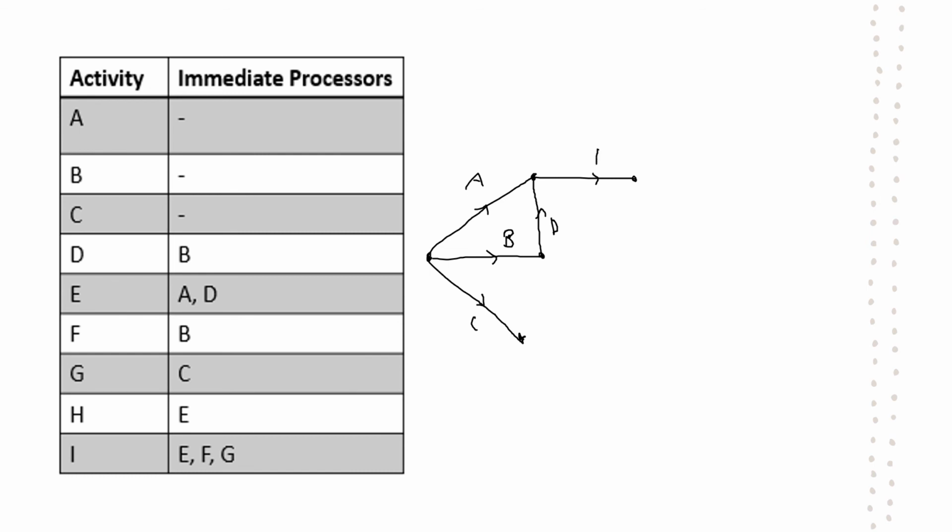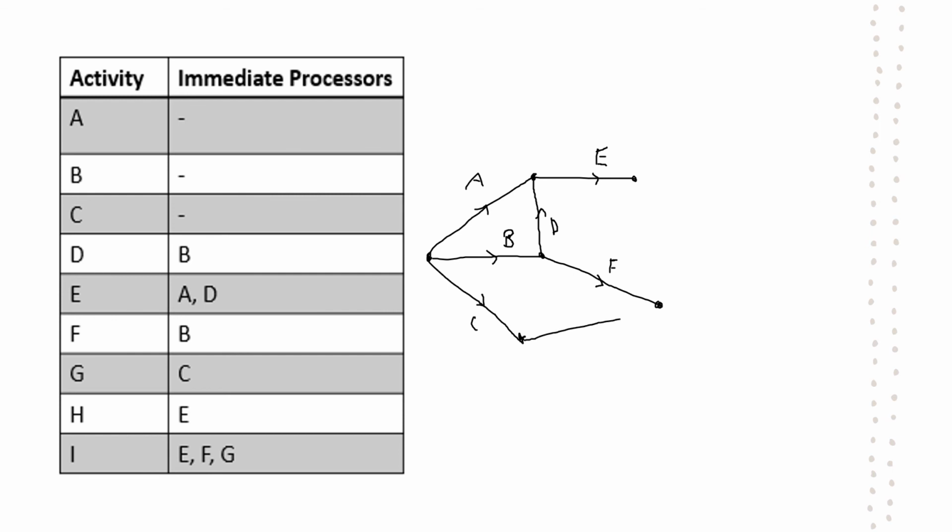So if you don't quite recognize that the first time around, that's why it's really important to draw these in pencil so that you can make those changes. All right, activity F comes off of B. Activity G comes off of C, and looking ahead, I is going to come off of F and G as well.